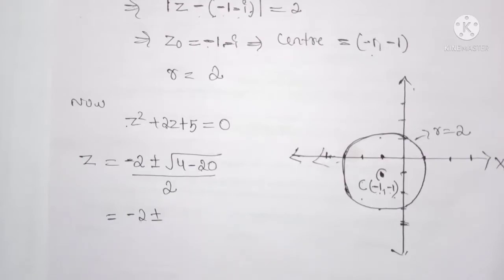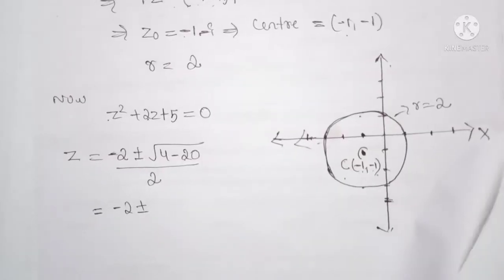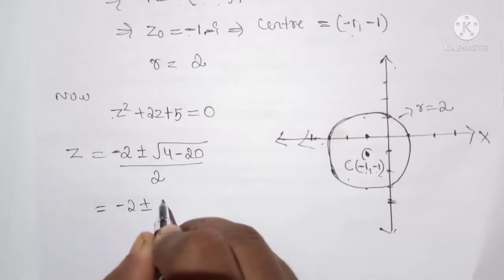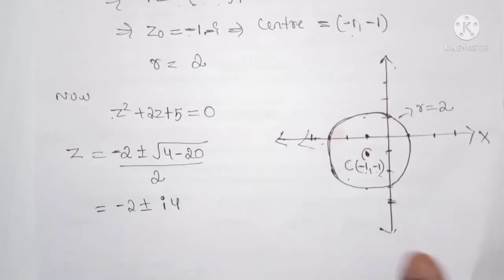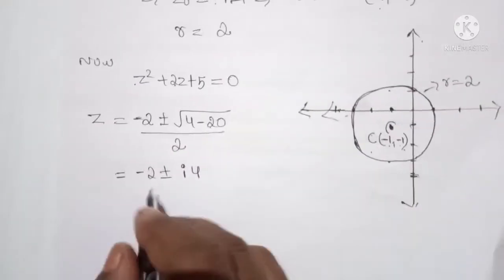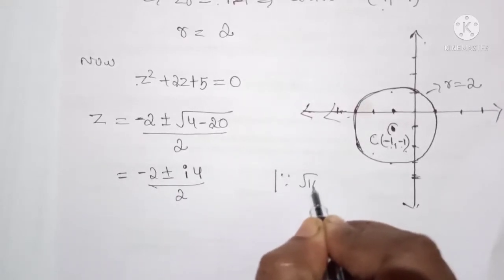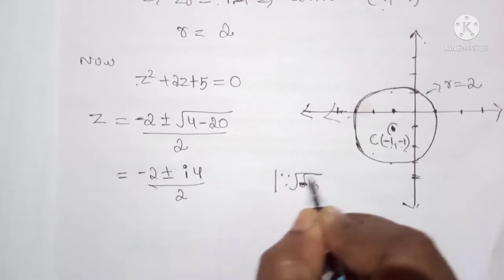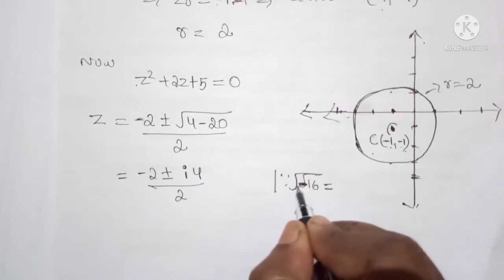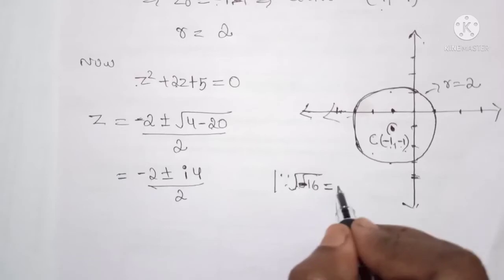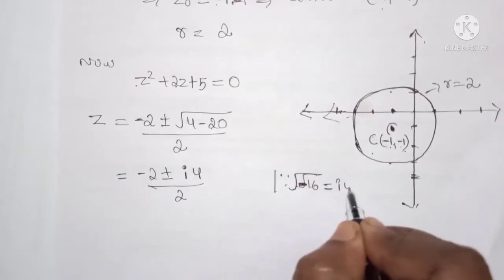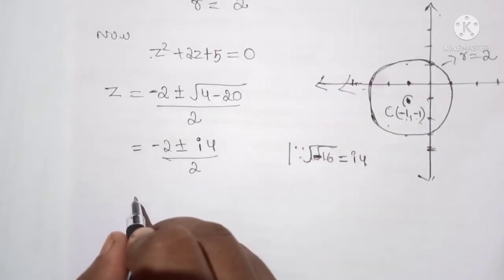Minus 16 can be written as i into 4, because root of minus 1 is i and root of 16 is 4.